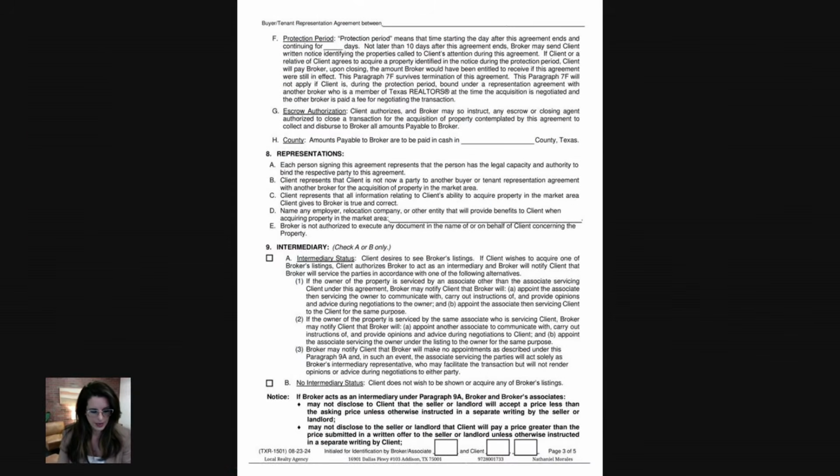Here we go. We're moving right along, and we have protection period. I always recommend doing a 60-day, 90-day protection period. This protection period just says that if your client goes back to any of the properties that you showed them after this agreement is terminated.